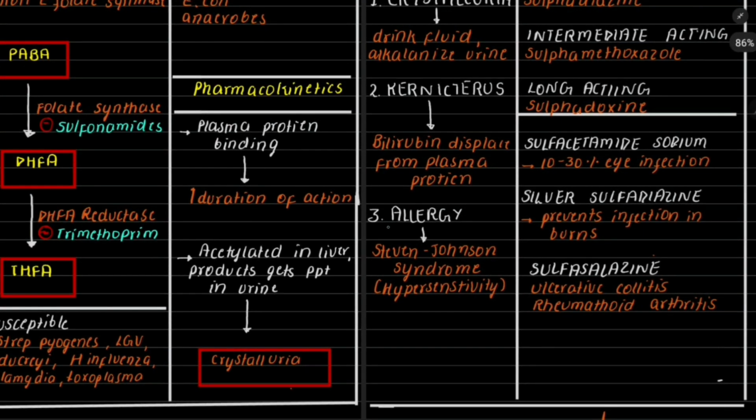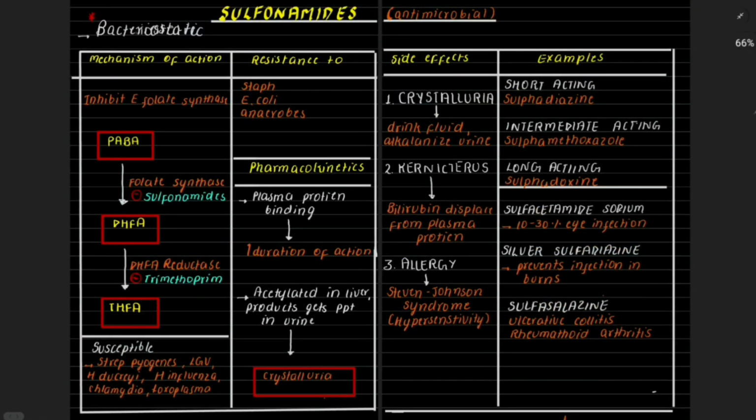The third important side effect is Stevens-Johnson syndrome, which is a type of hypersensitivity reaction, which is frequently seen as a common side effect of sulfonamides. Now let us look at a few examples.